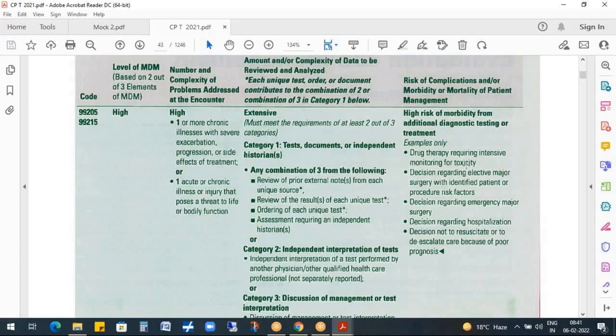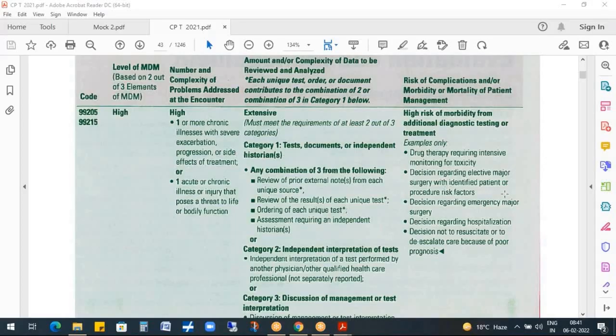In plan, you can see here they are going to perform a major procedure, and they said already there are some risk factors in performing that procedure. Then definitely the condition may be high risk, then go for 205. Or on emergency basis they decided to perform the surgery, then also the condition is very critical, that's why go for high.